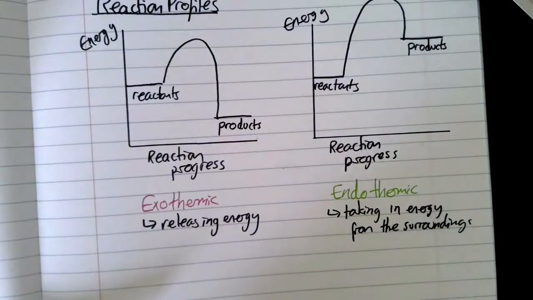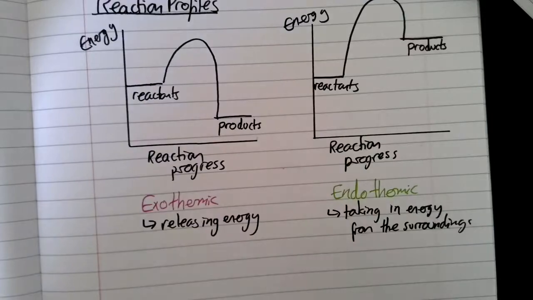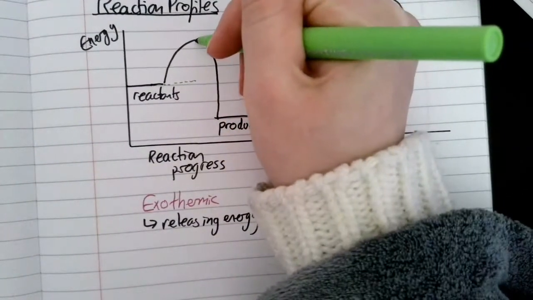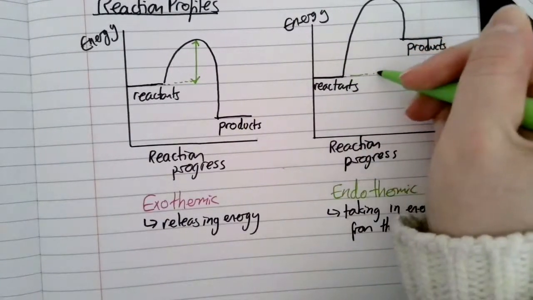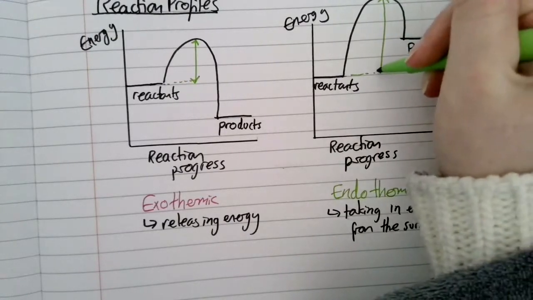And this is because in each of these cases we still need energy to start the reaction off, and that's called an activation energy. So from your reactants line to the peak is your activation energy.